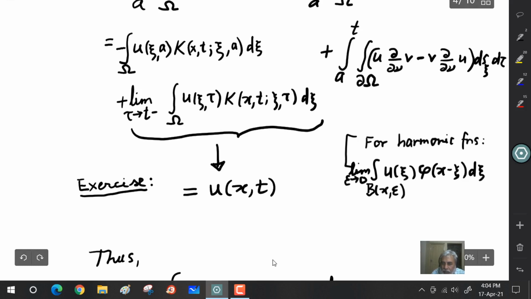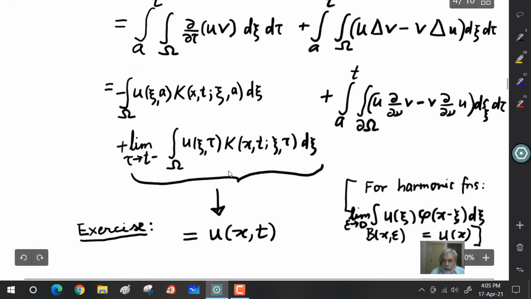Phi is the fundamental solution of the Laplacian, and this gives u x. Depending on what sign you choose, it could be minus, but it always gives you that. In a similar fashion here, this fundamental solution acts in the same way as the fundamental solution of the Laplacian and produces precisely u of x t. It is very similar to that, it's a good exercise in analysis, and you should try that.